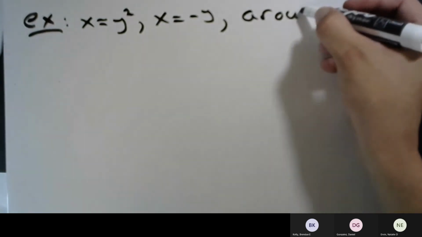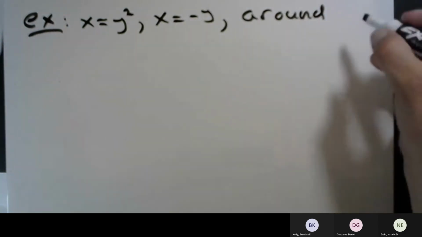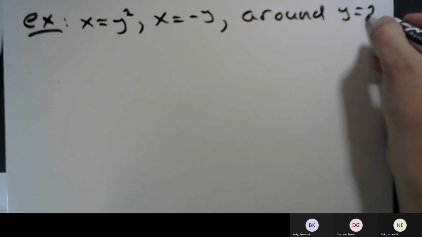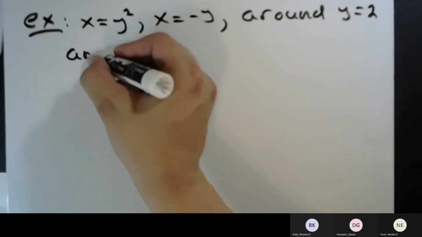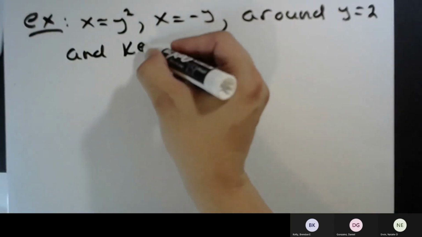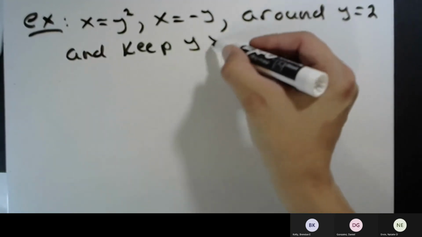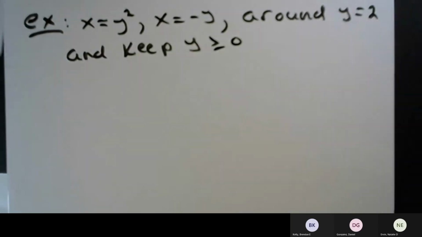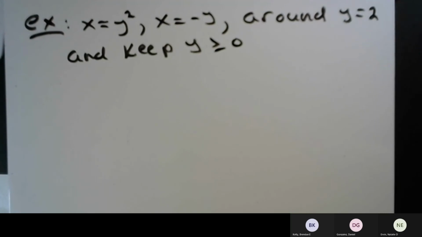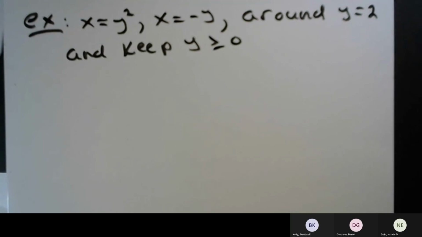We'll rotate around y equals 2, and we'll keep y greater than or equal to 0. So what is this going to do? Let's take a look.